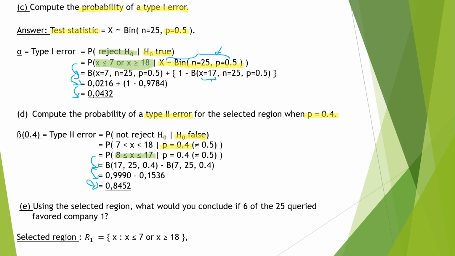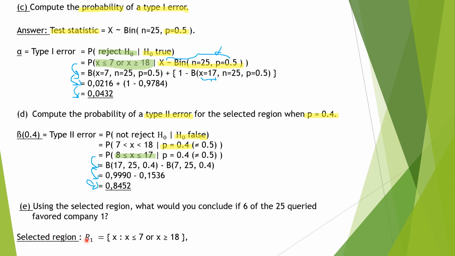Cool. Now the last question asks, using the selected region, what would you conclude if 6 out of 25 clearly favored company 1? So what if my X is actually 6?